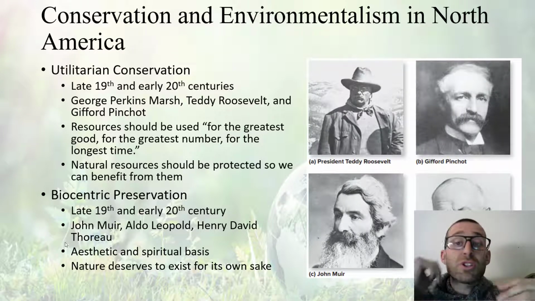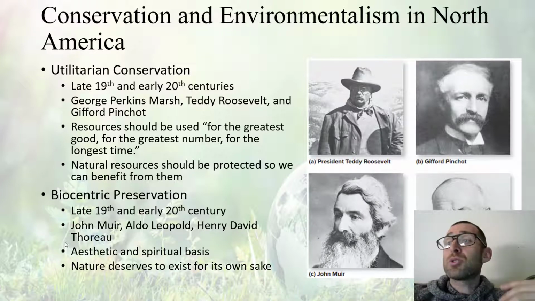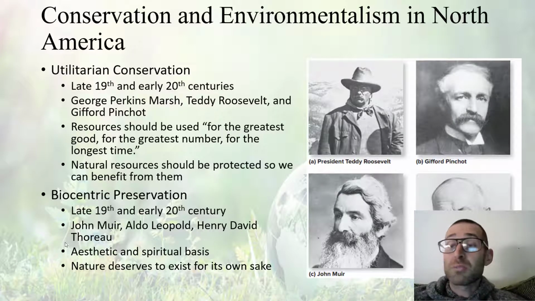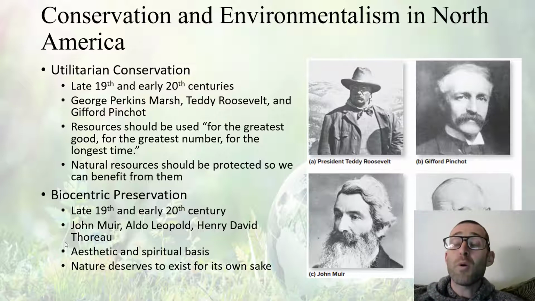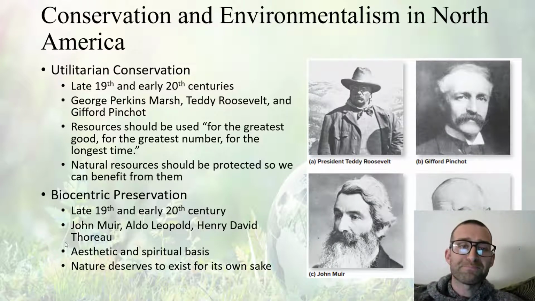So essentially, we should conserve natural resources or protect them so we can benefit from them. So we should protect water so we could have it for our benefit, in terms of clean drinking water or recreation or to be able to fish out of them, etc. So the focus is on the benefit that we gain from having a clean, healthy environment and natural resources. What are the uses that we can get from them?